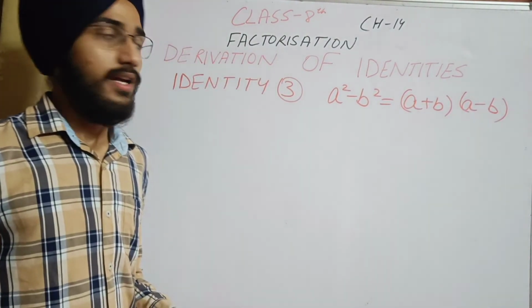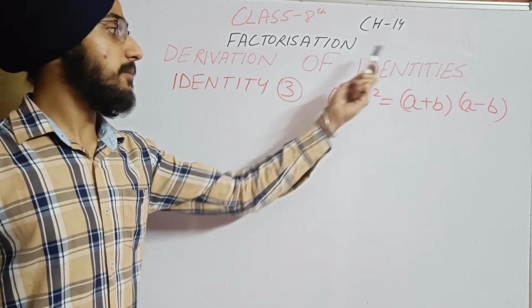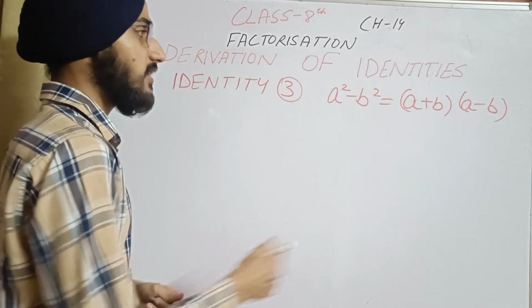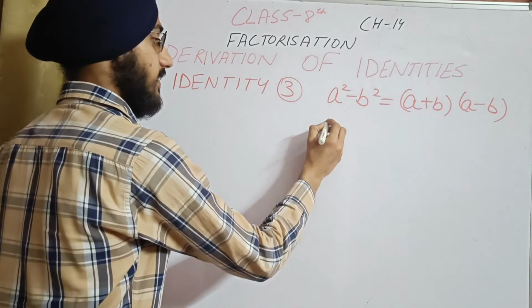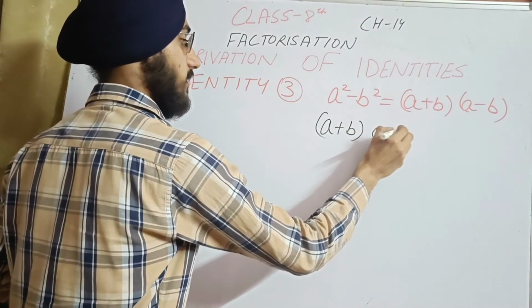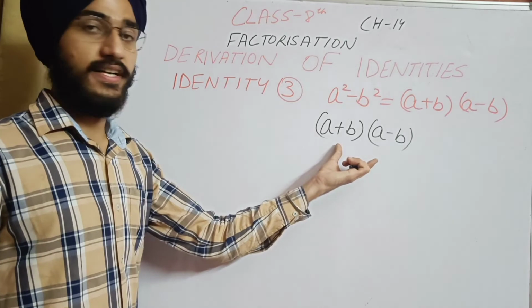So now we will derive the right hand side of this identity and we will come up with the left side of this identity. So we will derive the right hand side, that is (a plus b)(a minus b). With the distribution law we will derive this identity.